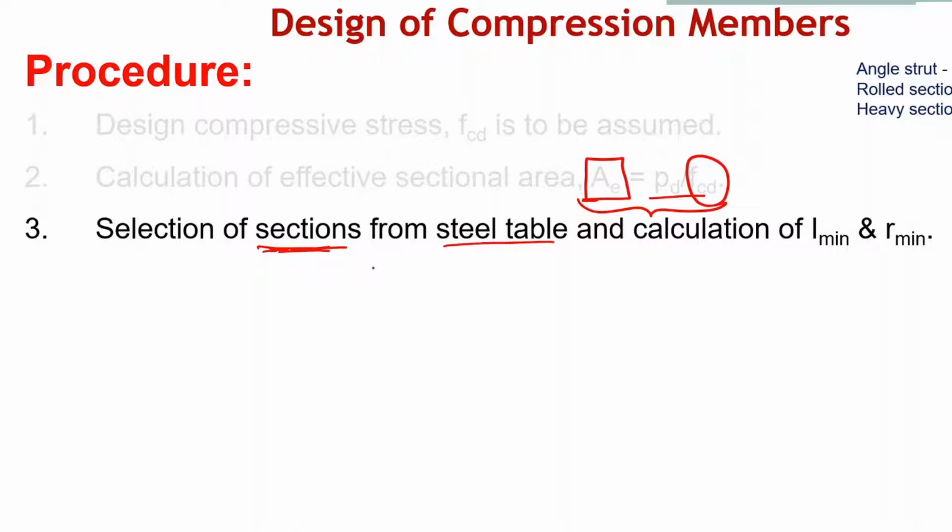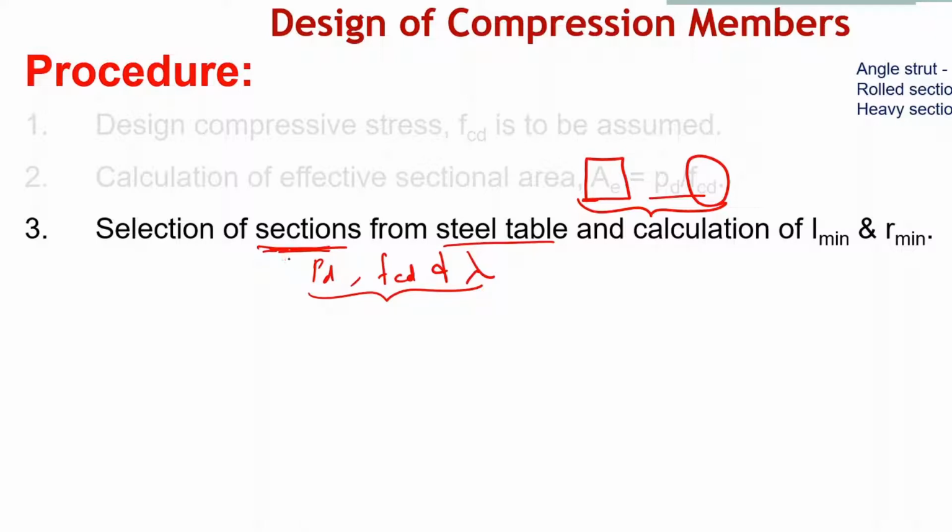No. You can even select randomly any section and check its strength, PD, design compressive stress FCD, and slenderness ratio lambda as well. If it satisfies all the criteria, then your selected section is okay.